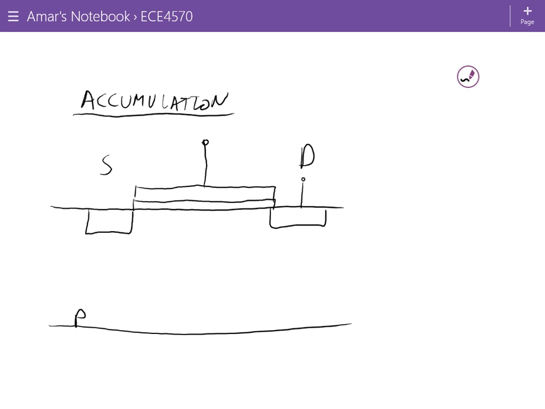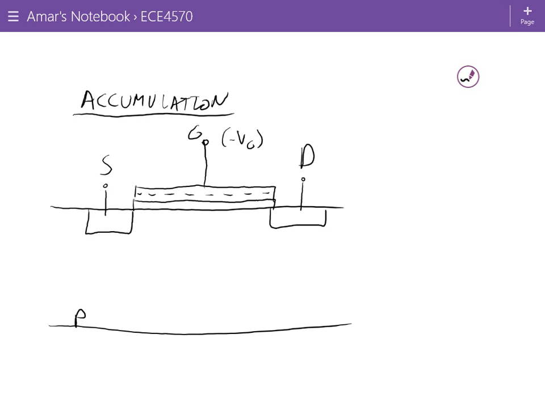What will happen if we apply negative voltage to the gate? What if we apply negative VGS? What kind of charges are we going to build up on the gate? Well, if we apply a negative voltage here, we're going to have negative charge buildup on the metal.